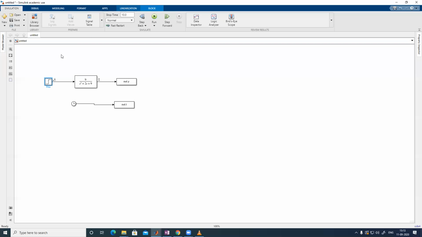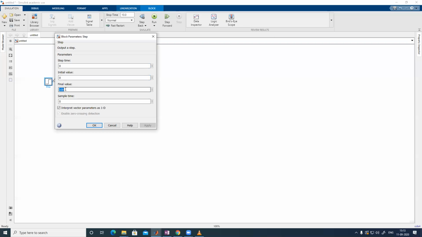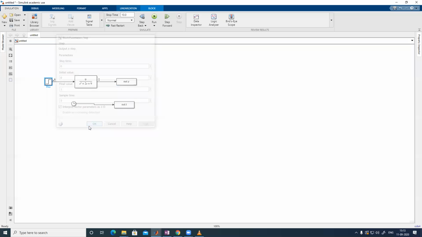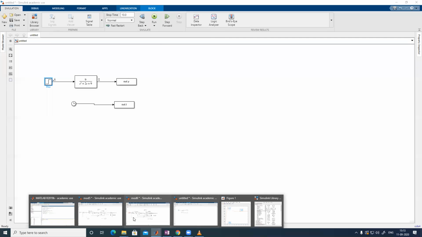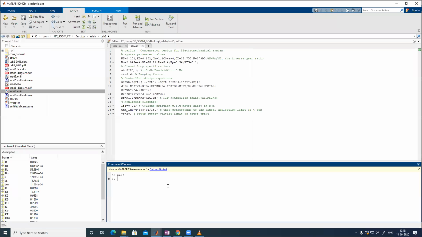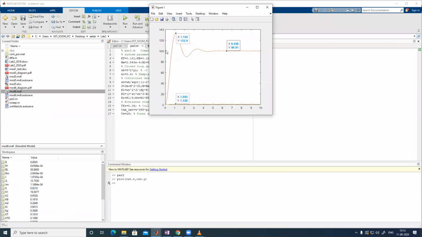So here I have one program. Here you are giving the input as 1, and this is the transfer function of the system. I am running this and plotting this output.